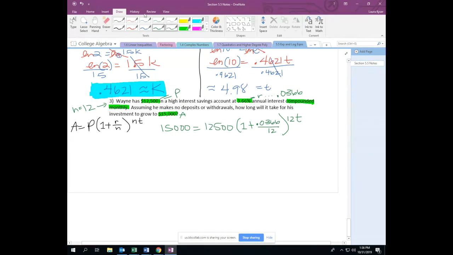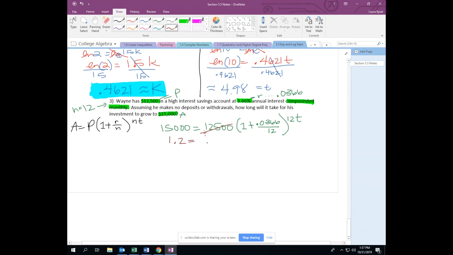Now, I would probably divide over this 12,500 just to get rid of it. 15,000 divided by 12,500 is 1.2. I also probably want to figure out what this number is here so that I can use it in my formula. This one's gone. We moved it over. So 1 plus 0.0366 divided by 12.